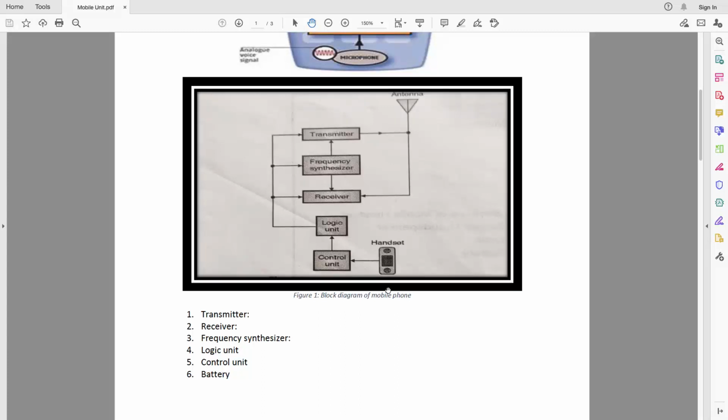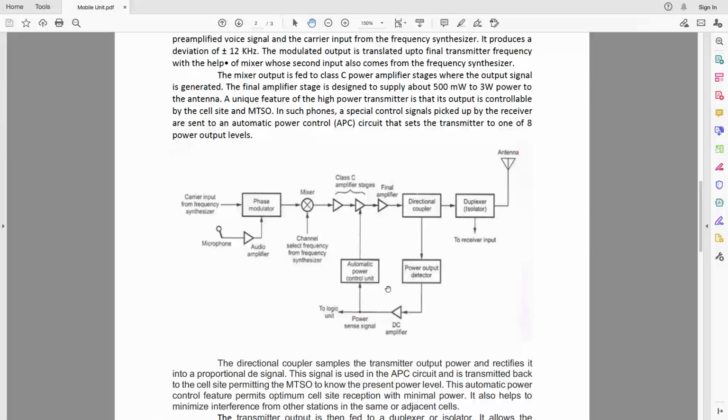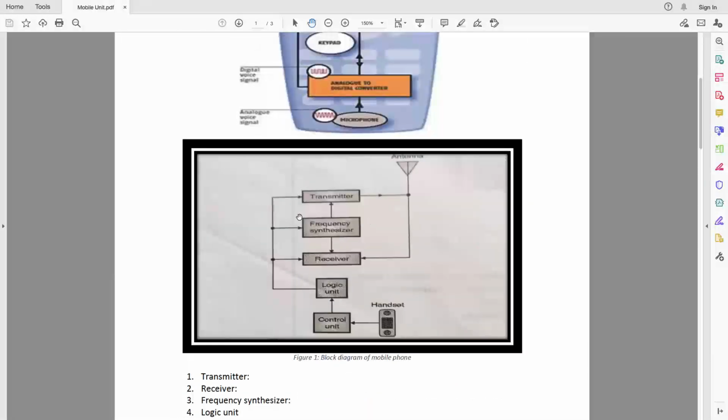Whatever you talk is your information, and that you are going to transmit over the electromagnetic spectrum. So the signal coming from the microphone is your baseband signal, and the carrier signal is the signal from the frequency synthesizer. Already we have seen the function of the frequency synthesizer.